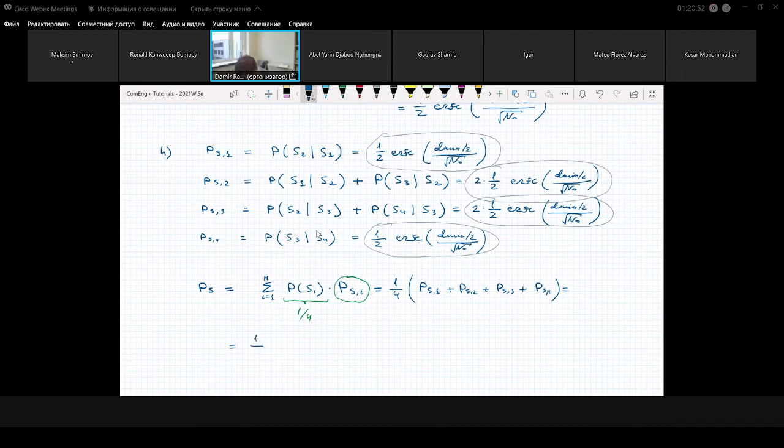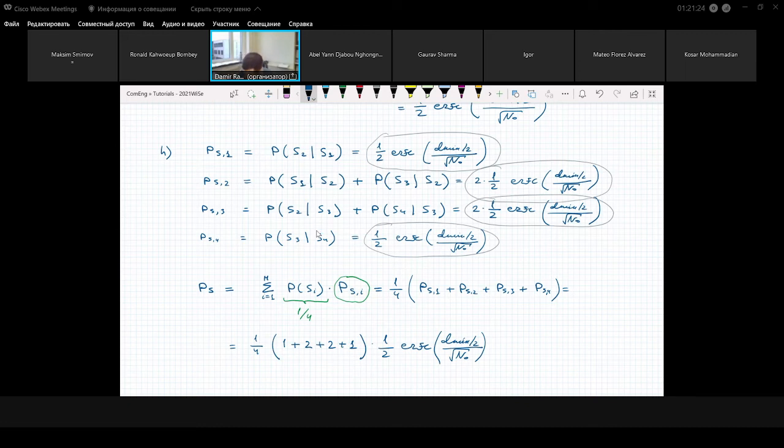So we have 1/4, then I even put outside parentheses 1/2 times error function. And inside parentheses we get 1 plus 2 plus 2 plus 1 times 1/2 complementary error function d_min by 2 divided by square root of N naught.